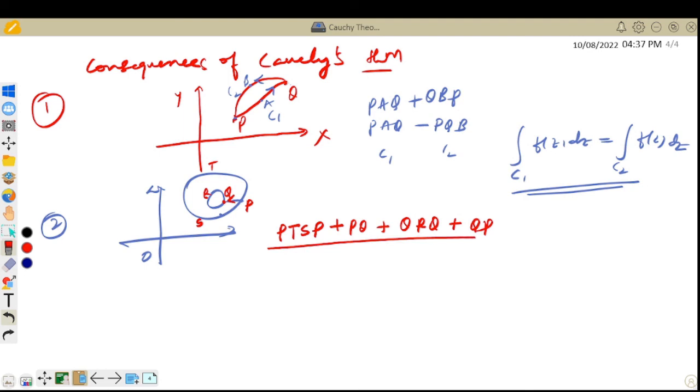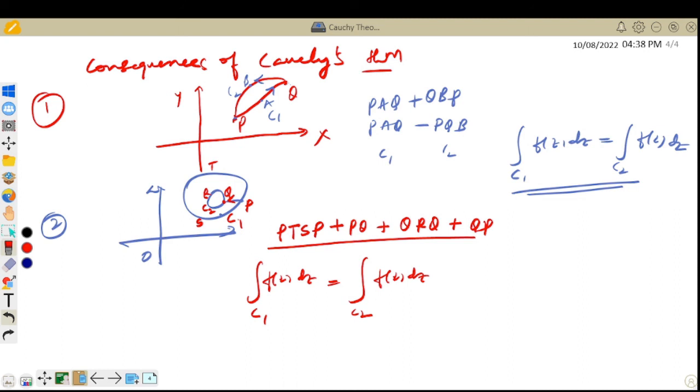Now it becomes connected. This is called curve C, and the inside curve is called C2. This is C1. Therefore, the integration of f of z dz over curve C1 is equal to the integration of f of z dz over curve C2. This is the second consequence.